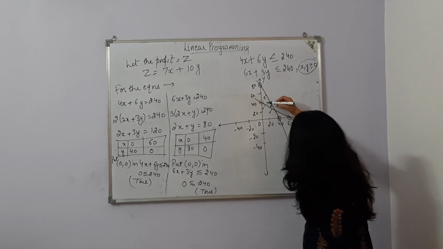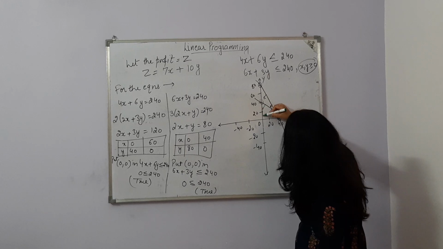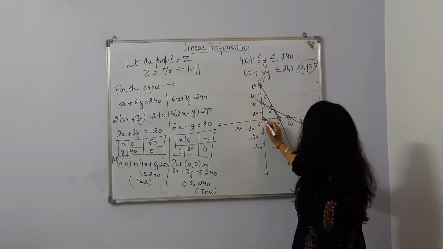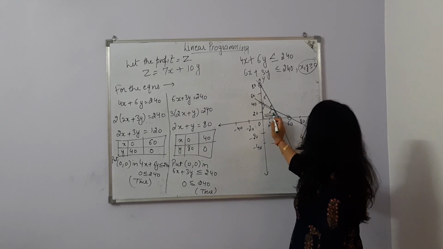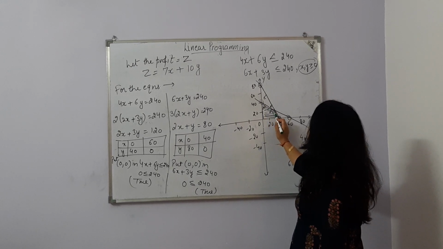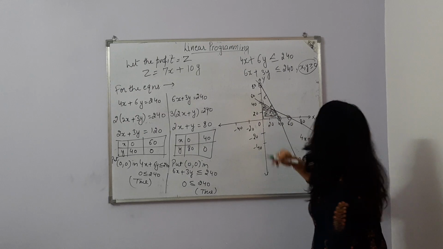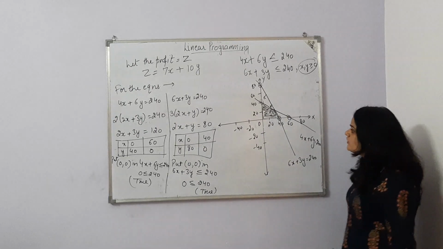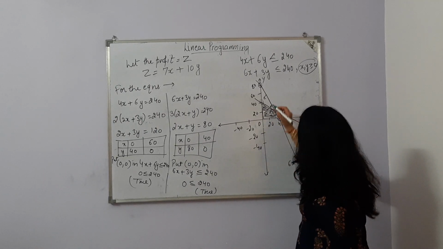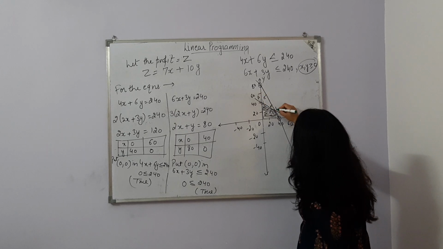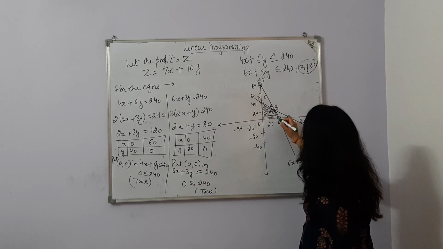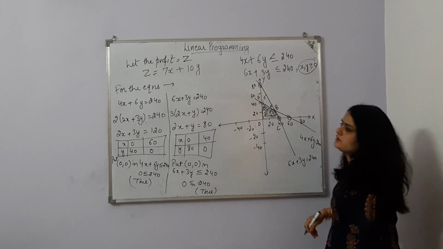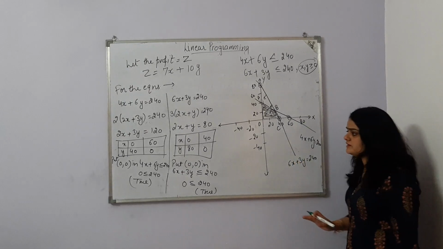So the common shaded area is the feasible region. Now we'll name it. This is point O, A, B, and this is your C point. O, A, B, C is the feasible region.